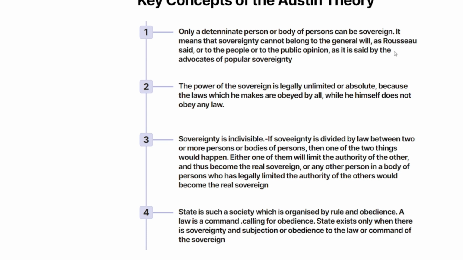So sovereignty is as necessary in the state as the center of gravity in a mass of matter, because without law, without rules, everybody will seek their own benefits. There will be no concept of law and order. So everybody has to obey laws.